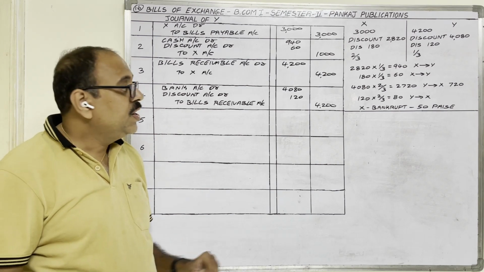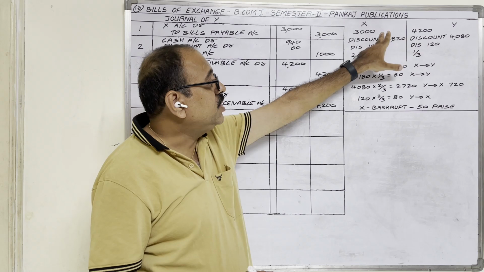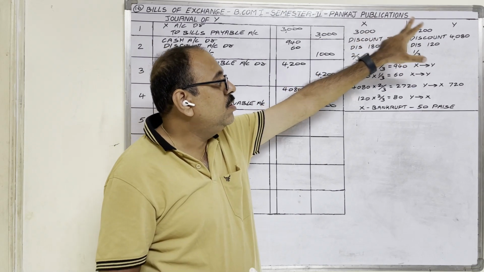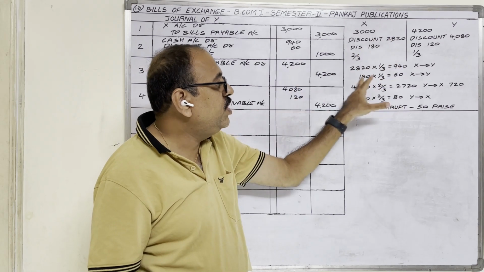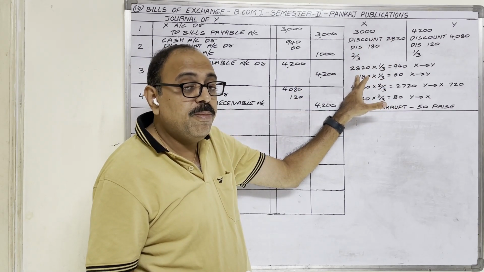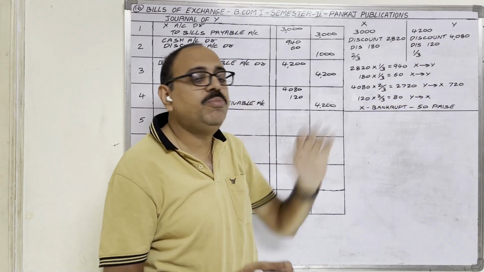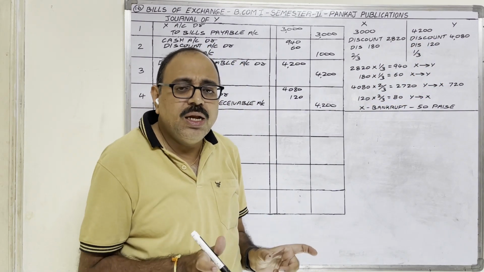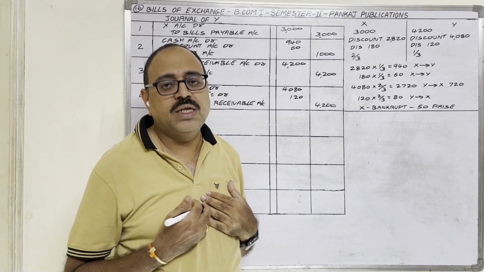Next, what happened? This first bill is honored on the due date, no? For the first bill, X is drawer, Y is drawee. So X discounted this bill with the bank. On the due date, the bill is with the bank. Bank came to Y and Y honored the bill. In the question, he need not clearly give that the first bill is honored, the second bill is dishonored. We should understand.